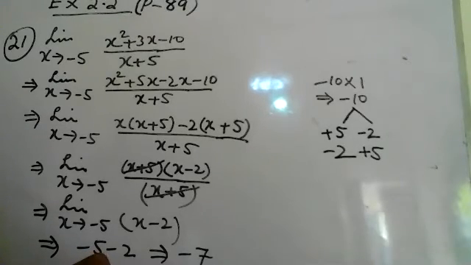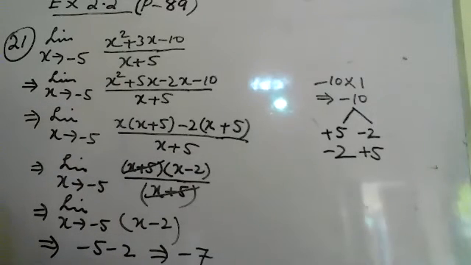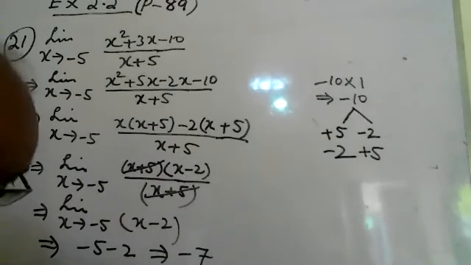Maybe some students are being bored that the teacher is telling these basic things. But it is learned in matric and in inter, so you must know. But some students may not know, so I am just telling for those students. So the answer is minus 7.